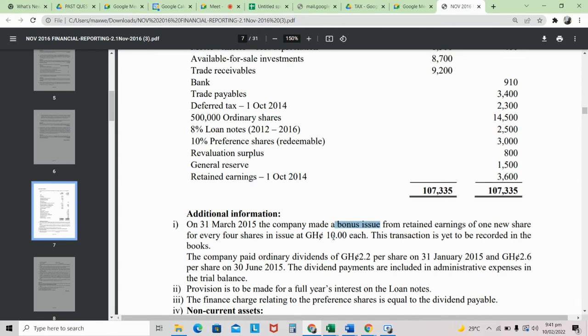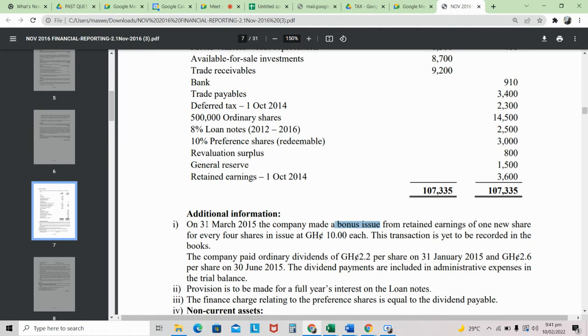They don't pay for the shares. That is why it is called bonus issue. You give them free shares. So if the owner has, let's say, four shares, and then you do one for four, he's going to get one more share.